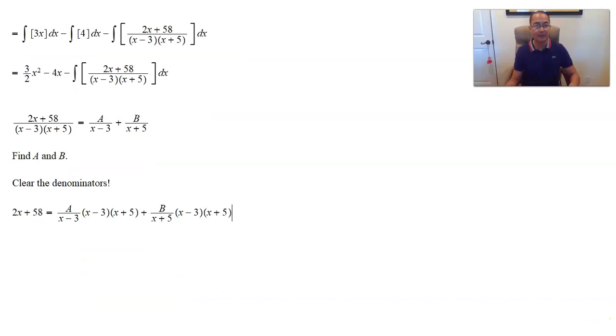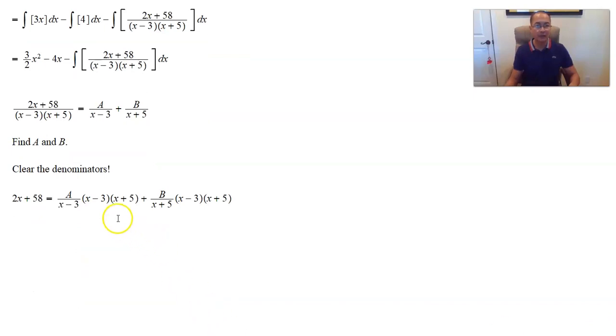I wanted to show this step because, as you can see now, the x minus 3 is going to cancel from the first term, but the x plus 5 will cancel in the second term. So be very careful: x minus 3 is gone, x plus 5 remains. For the second term, x plus 5 is gone, x minus 3 remains.